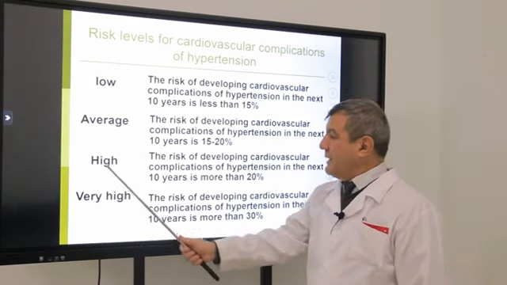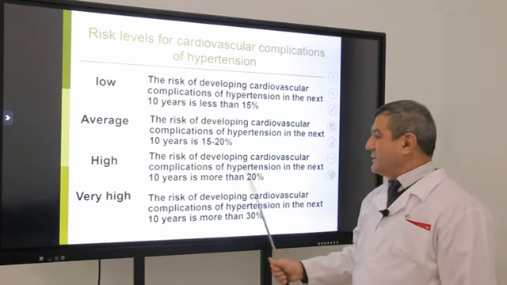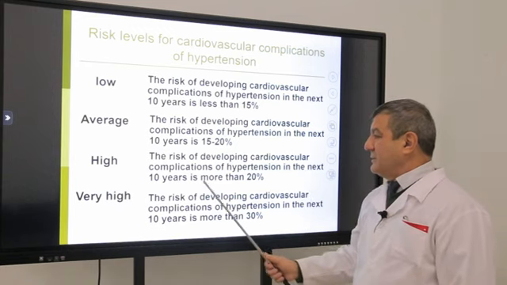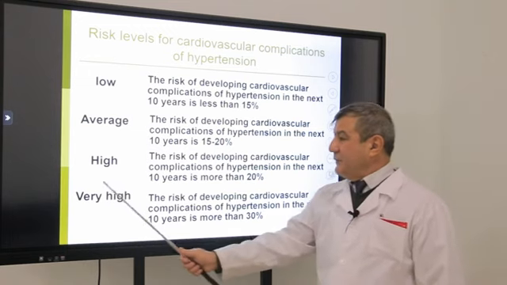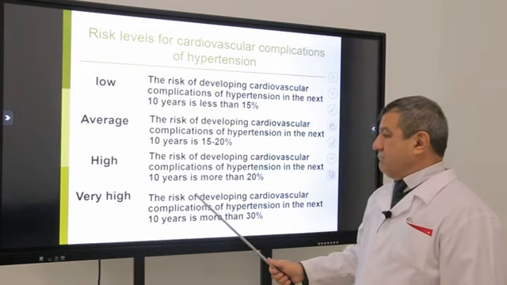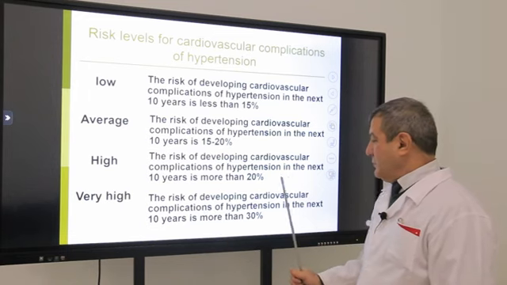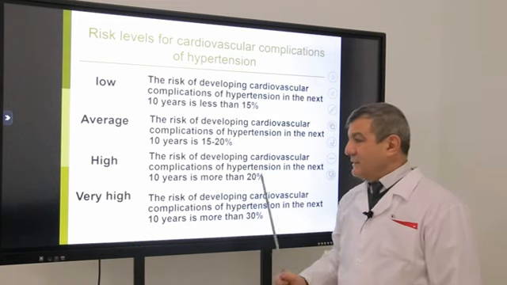When we say high risk, the risk of developing cardiovascular complications of hypertension in the next 10 years is more than 20%. When we say very high risk, complications may occur in more than 30% of patients during the next 10 years.